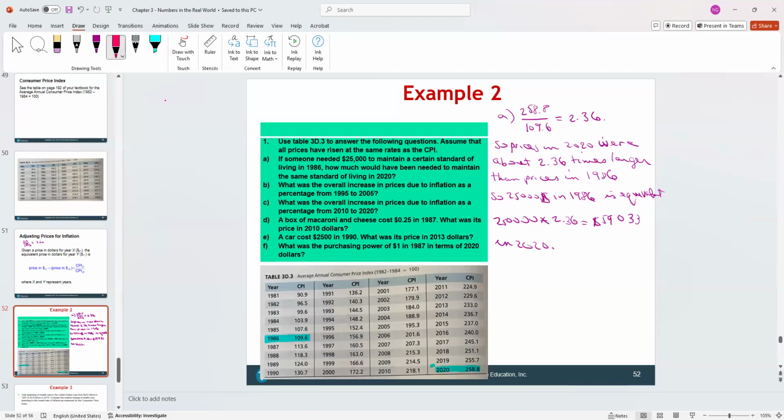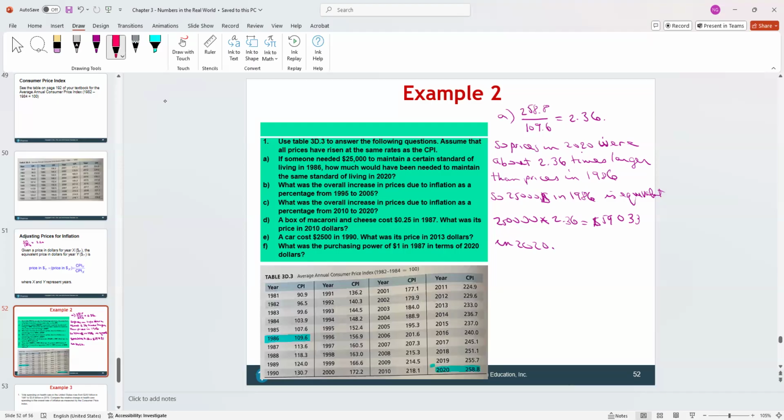So we can go ahead and do another example. Let's say if you go with B. B says, what was the overall increase in price due to inflation as a percentage from 1995 to 2005?